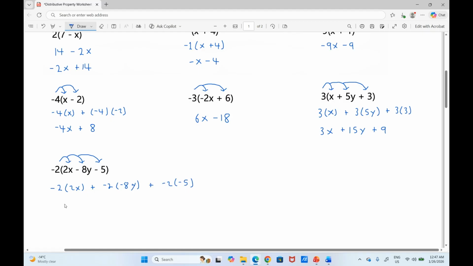Negative 2 times 2x is going to be negative 4x. Negative 2 times negative 8 is positive 16, so I have plus 16y. And then negative 2 times negative 5 is a positive number, so I'm going to get plus 10. And that's pretty much how you apply the distributive property.